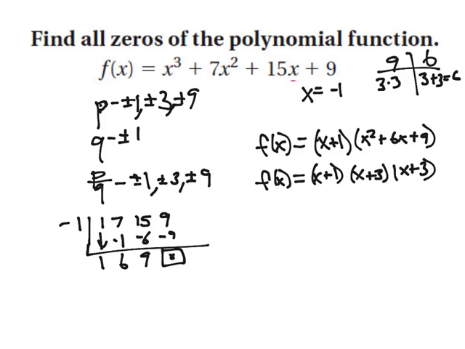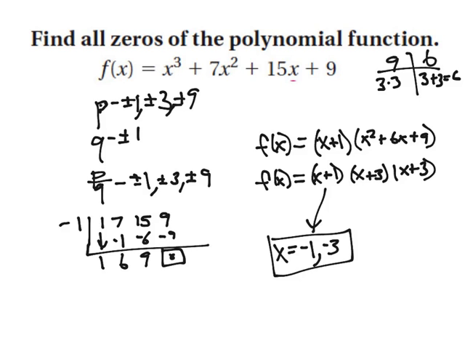So all our answers are x equals negative 1 from right there, and then x equals negative 3, and we don't need to write that twice because negative 3 is negative 3, so we only need to write it once.